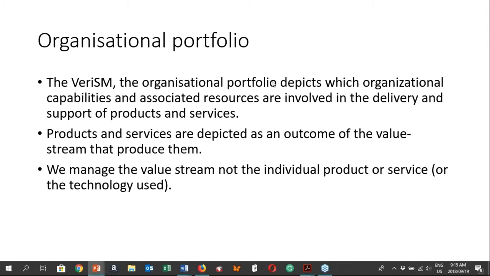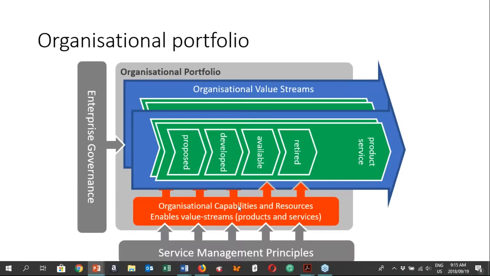And it looks something like this. So there may be multiple value streams, and in different value streams, you may have multiple products or services. These value streams are supported by organizational resources and capabilities that ensure that the value stream can deliver value, and the portfolio is also then, I suppose, underpinned by the fact that we've defined service management principles and goals and objectives for the organization.